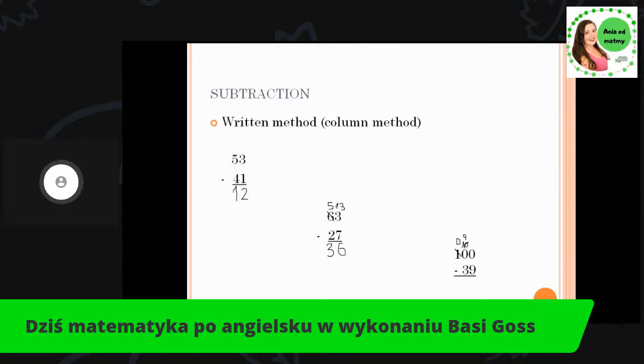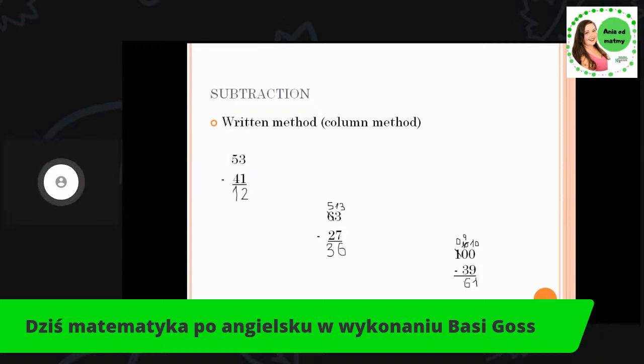We're going to have 9 tens here, and in the unit column we're going to have 10. And we can start subtracting numbers now. 10 minus 9 is 1. 9 minus 3 is 6. And we have nothing left in the hundreds column, so the answer is 61.